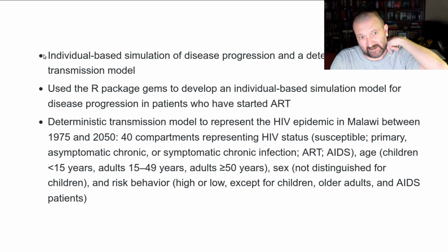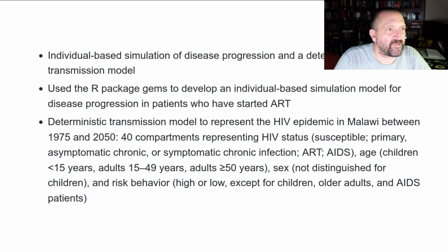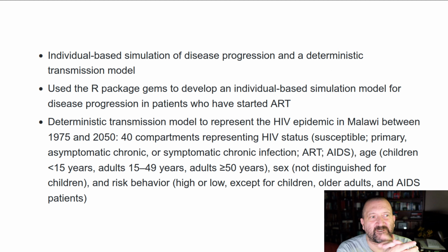We have seen one lecture about individual-based models, and I didn't say a lot about them, but I wanted to show you an example where an individual-based model is used. I'm not going to go too much into details, but what is interesting is it's a mix of a deterministic model for transmission and an individual-based model for how disease progresses in individuals.